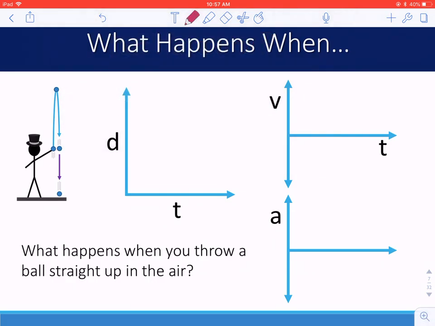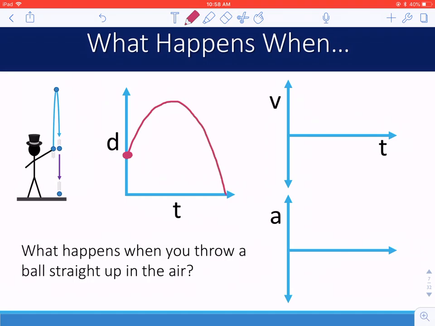So thinking back to those 21 graphs, we can determine just the general shape of what will happen if you throw something up in the air, it comes to a stop, and then comes back down. Let's start by saying my displacement, we're going to start not at 0. I'm going to go up, it slows down, and then makes it all the way down to the ground.